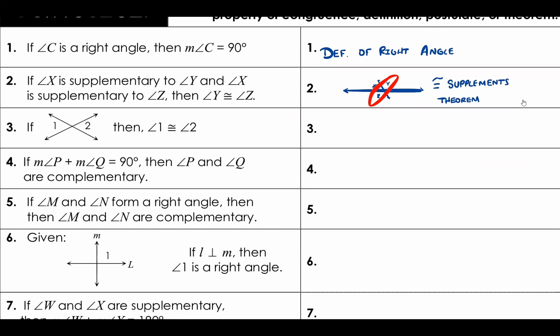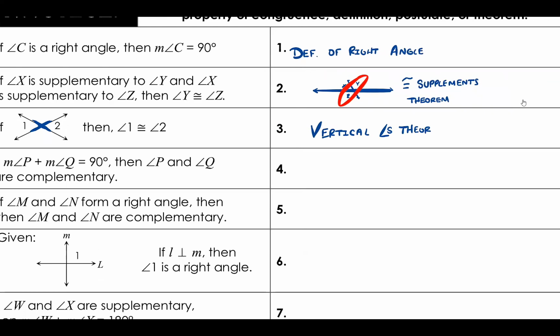Congruent. So there's my X. Those two are going to make my congruent angles, or they're vertical angles. Always, always, always.